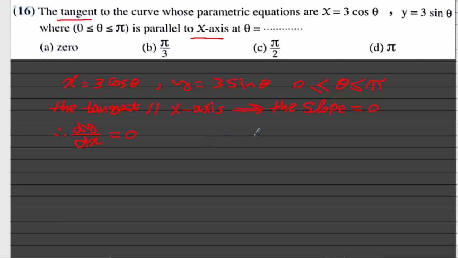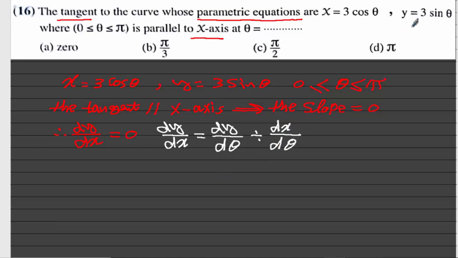Now, we want to find dy/dx from these parametric equations. From here, you can say that dy/dx, using the chain rule, equals dy/d theta divided by dx/d theta.